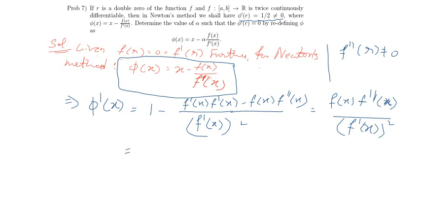If you wish to find phi dash of R, you can't substitute R directly because it's a 0 by 0 form. That's why you have to use limit x tends to R of f times f double dash divided by f dash whole square.